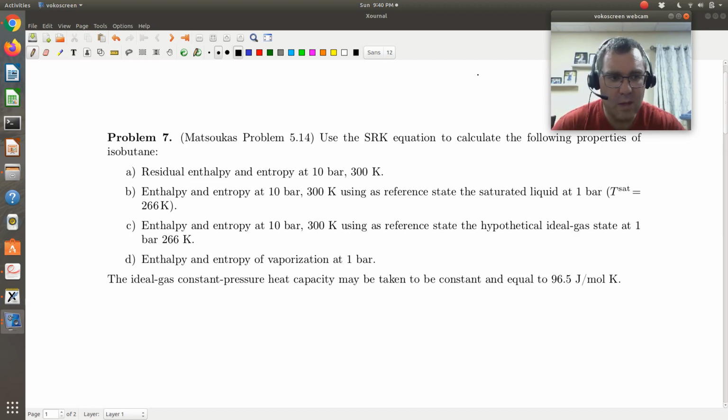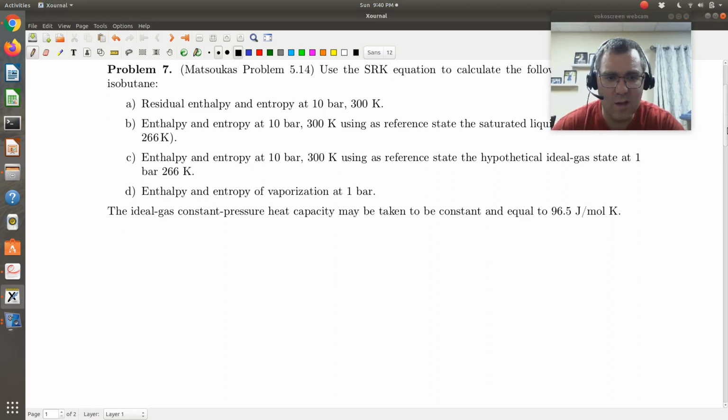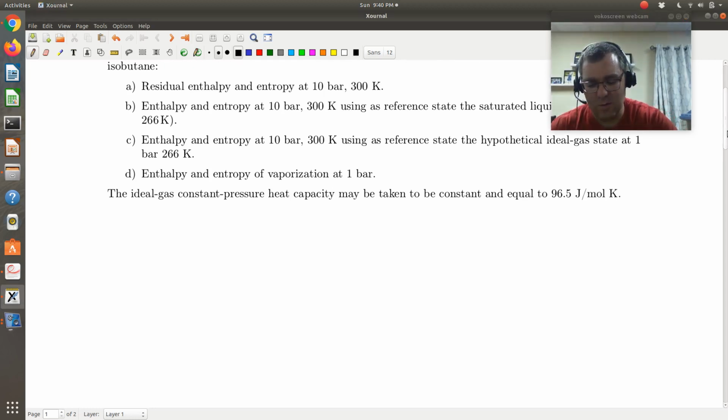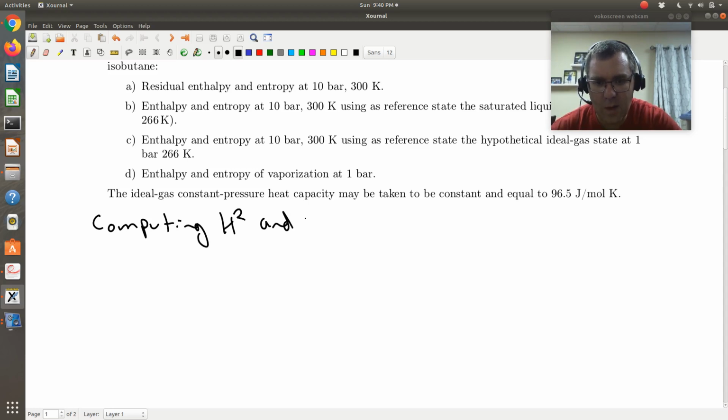Okay, so first, a couple of preliminaries to set this up. And so first thing would be computing HR and SR. Okay, and so I'm not going to do this. So we computed SR or HR in the last problem, and using the MATLAB code, it should be pretty straightforward.